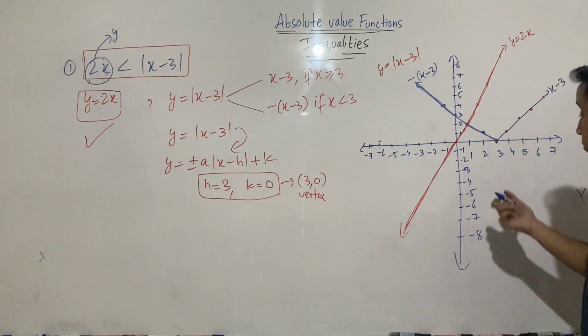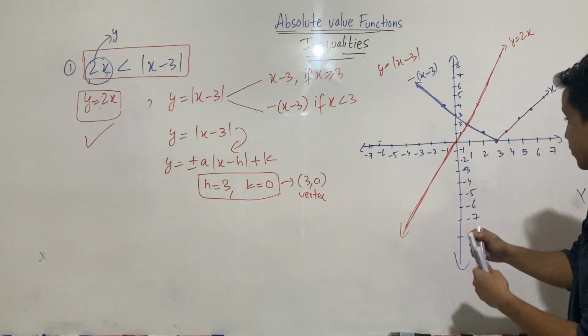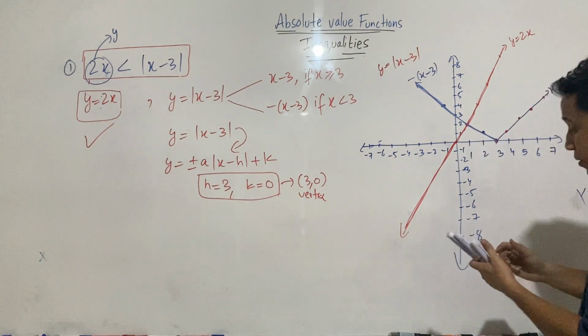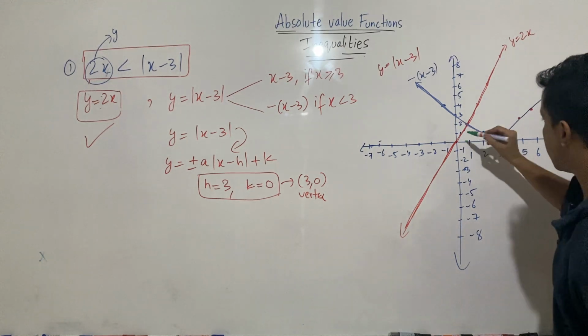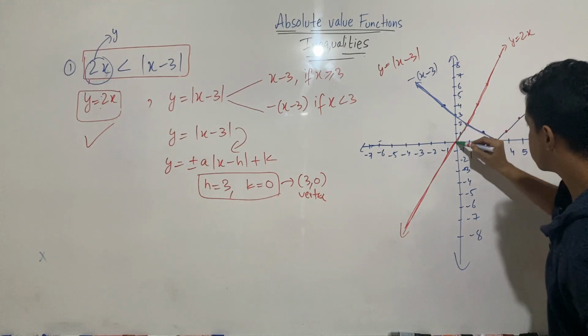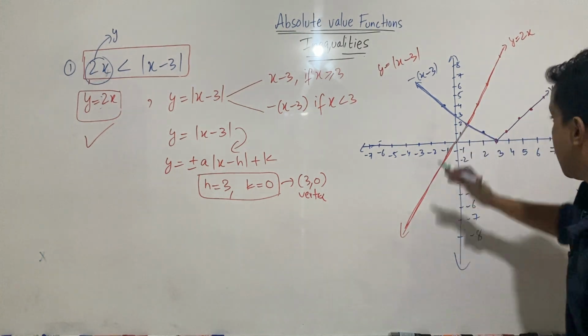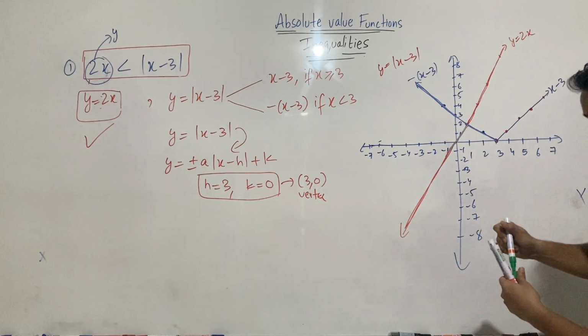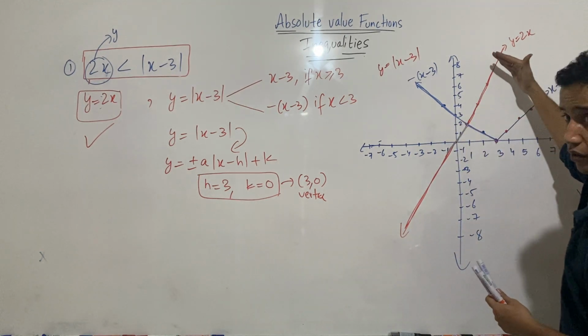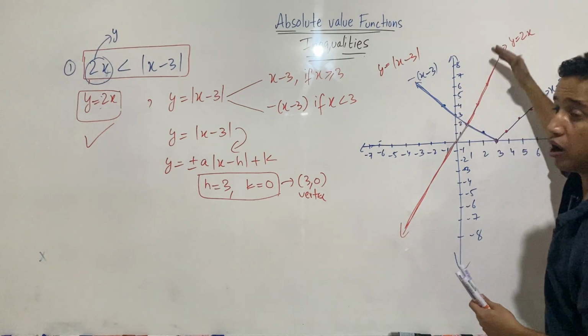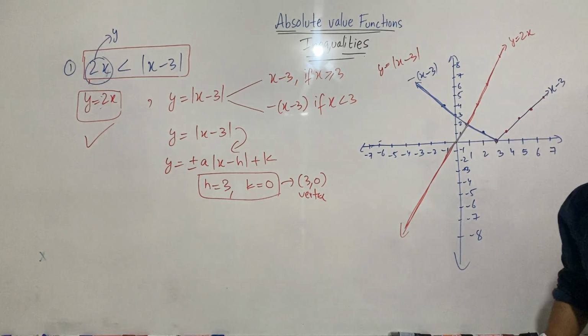So where is it happening? See here, they are talking about this whole region, not this one, not this one, because it is above the absolute value function curve.